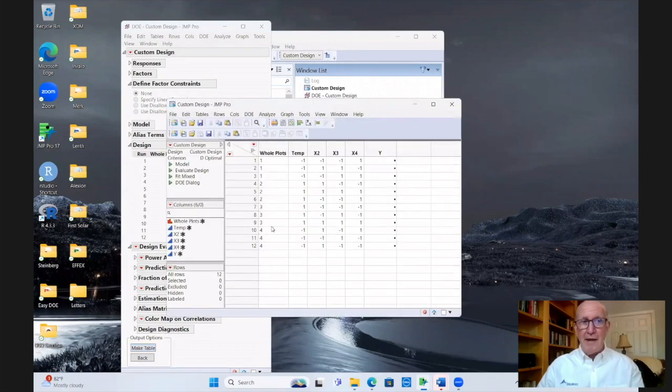But if you do that, then you should make the whole plot be this, because really, you don't have 4 whole plots, you only have 3. That's a good point.